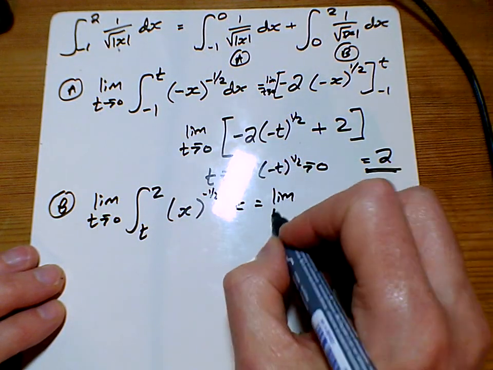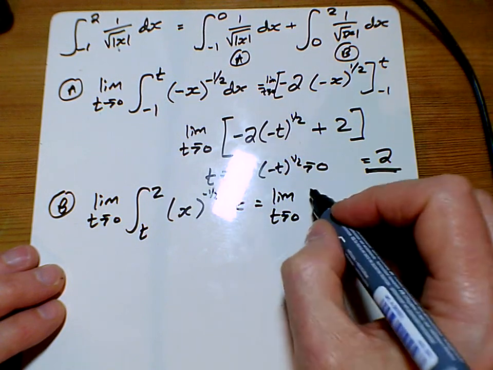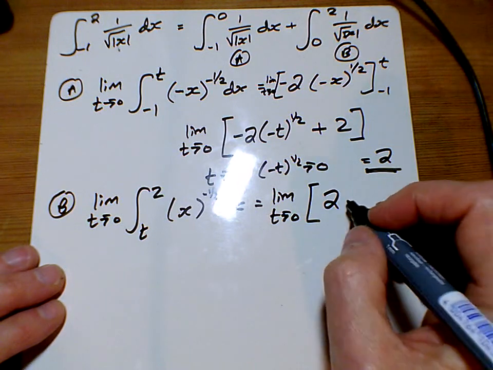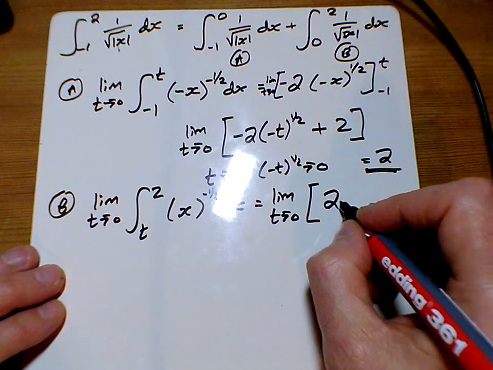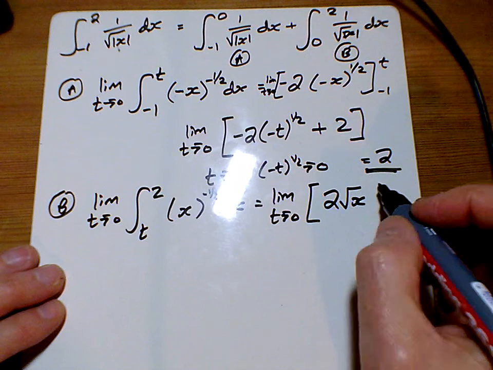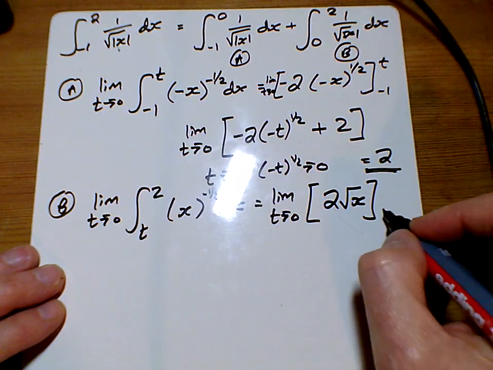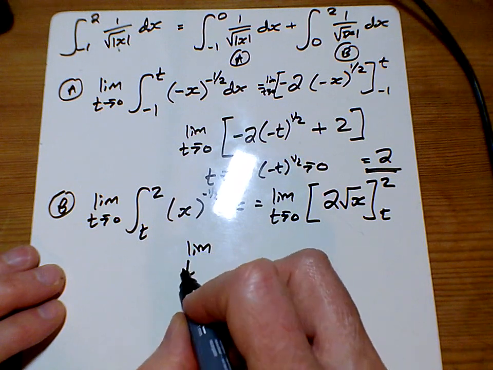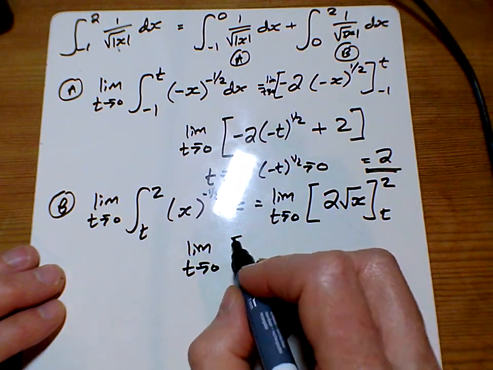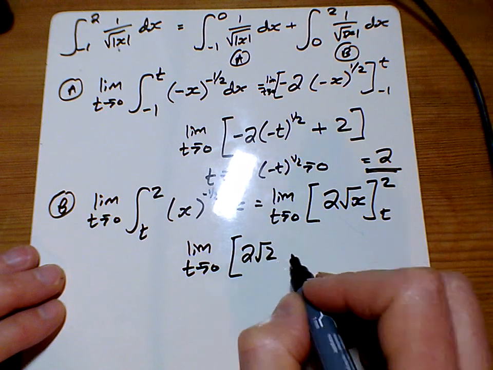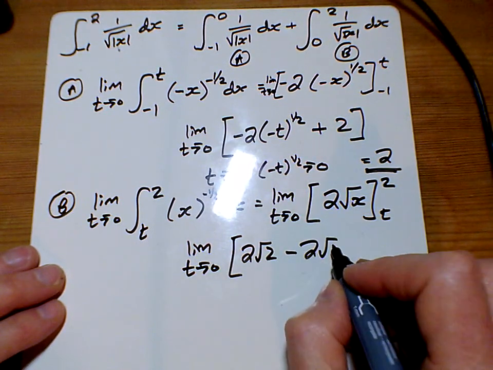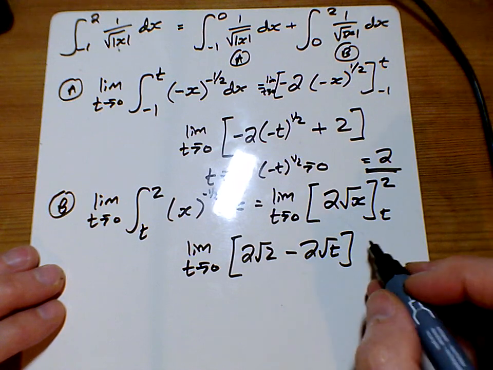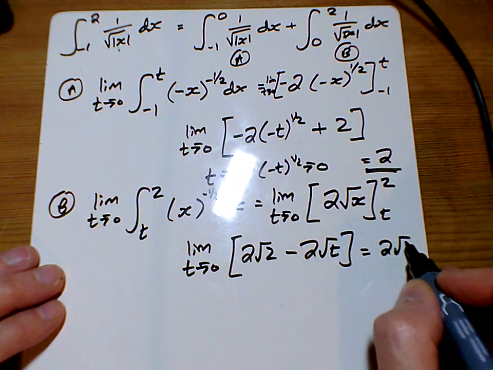And so I get the limit as t tends to 0 of, that's just going to be 2 root x now, isn't it? Between t and 2. The limit as t tends to 0 of 2 root 2 take away 2 root t. This bit ends up going down to 0, and so this will equal 2 root 2.